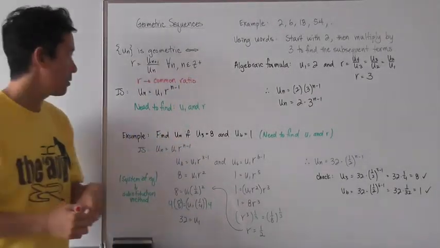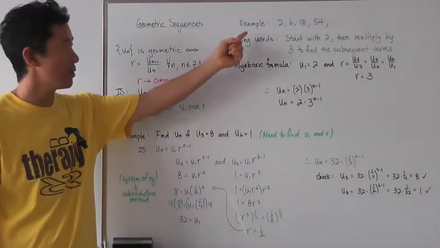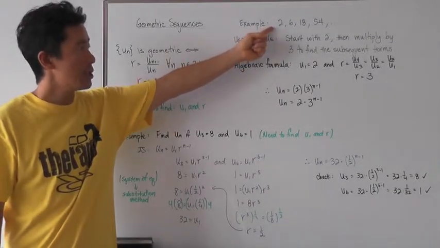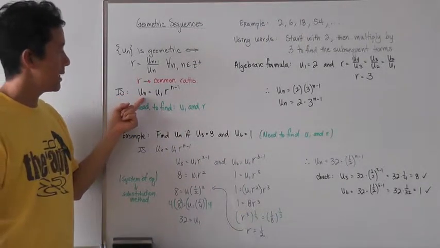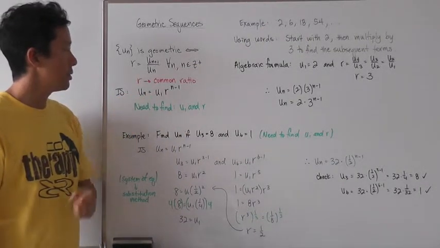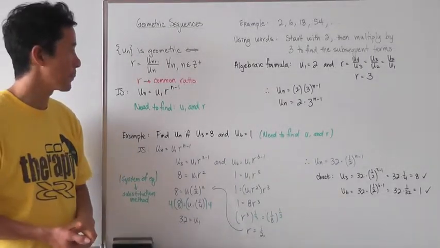And we're also going to come up with an algebraic formula for this geometric sequence, which states that u sub n is equal to u sub 1 times r to the n minus 1 power.